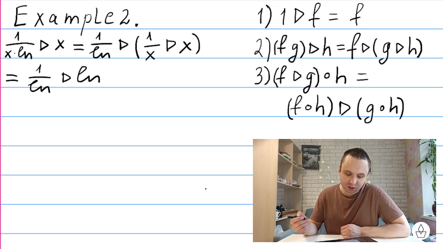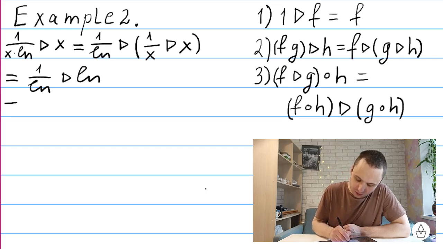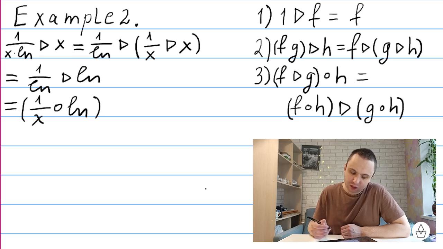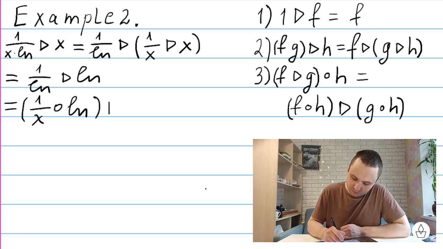Here, we need to see that 1 over logarithm is a composition. 1 over x composition logarithm. And we add x to the left of the logarithm. X composition logarithm.